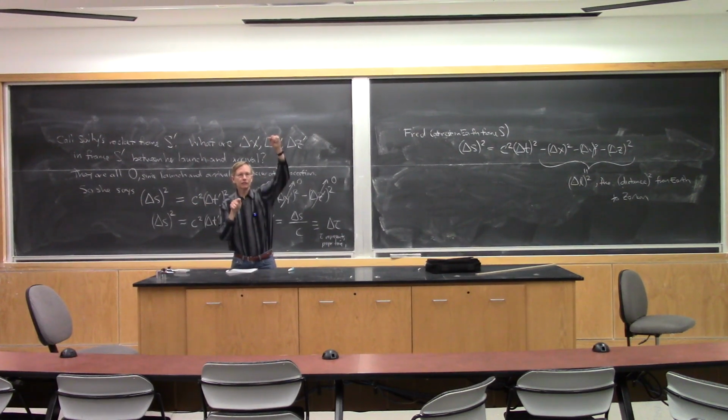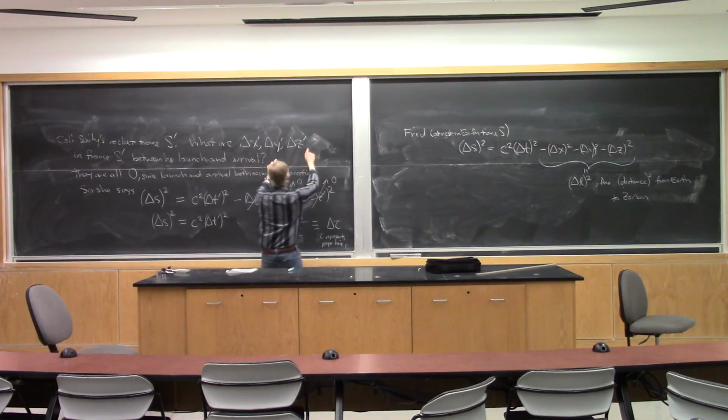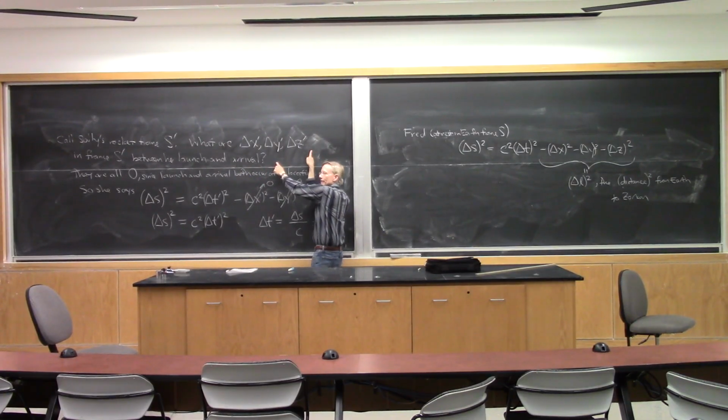Just like if I've got two points on the board, no matter what Cartesian coordinate system I have on the board, the distance between them is the distance between them. So it doesn't matter whether I use x, y, or some rotated coordinates x prime, y prime. If I add up the sum of the squares of the coordinate differences, that's the square of the distance between the points.